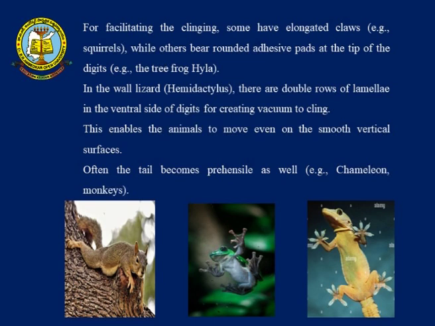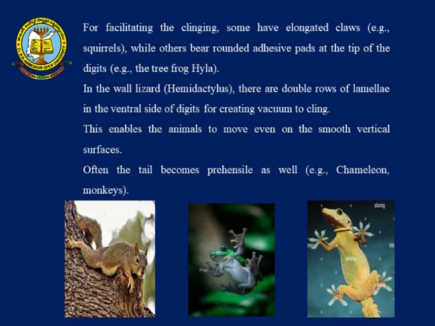If you can see over here, the claws are able to cling on to the trees, while others bear rounded adhesive pads at the tip of the digits like the tree hyla over here. These adhesive pads are able to cling on or hold on to the rough surface. In the wall lizard, that is Hemidactylus, there are double rows of lamellae on the ventral side of the digits for creating a vacuum to cling.